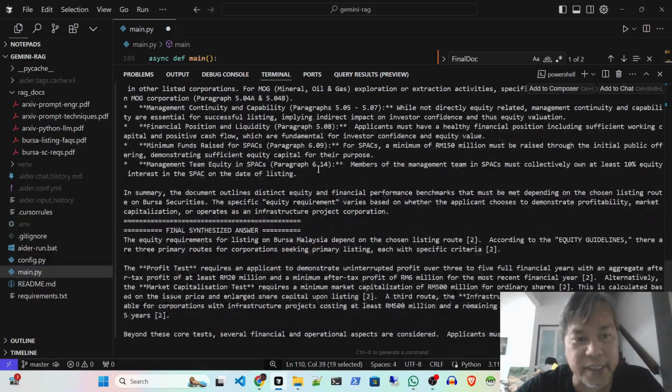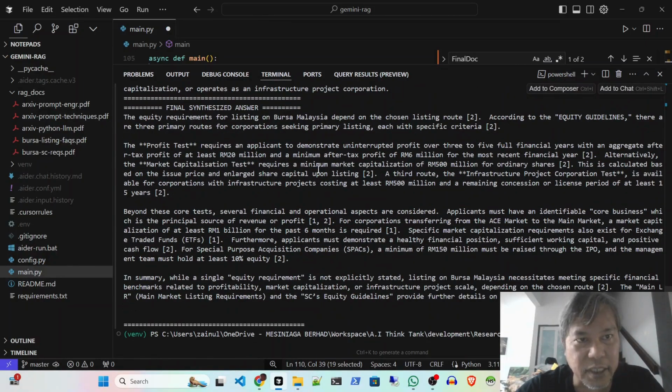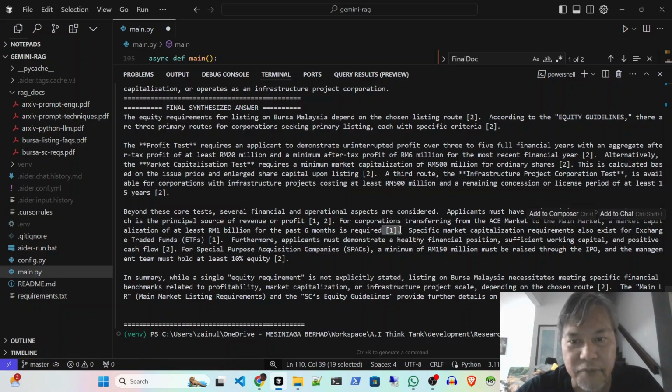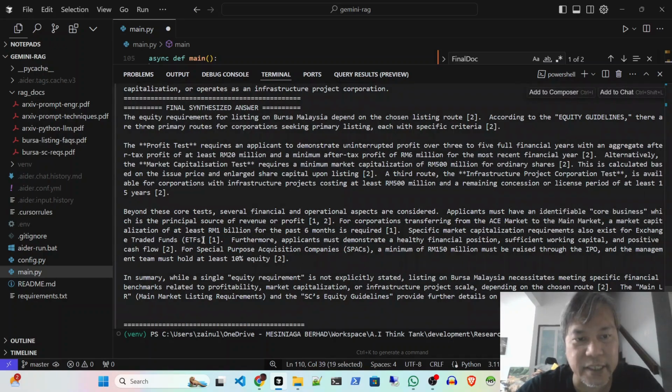So basically, those two are the synthesis or the answer from the individual bots. Now, when we combine this and give it to the final bot, it basically combines the answers and then synthesizes the final one. So it says here, based on document two, it says something, and then document two again. It used more of document two and only a few references to document one, because of course document one says that it doesn't have the direct information regarding the query, but it did still refer to it.